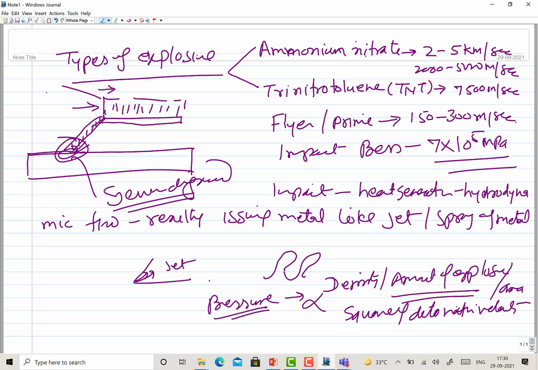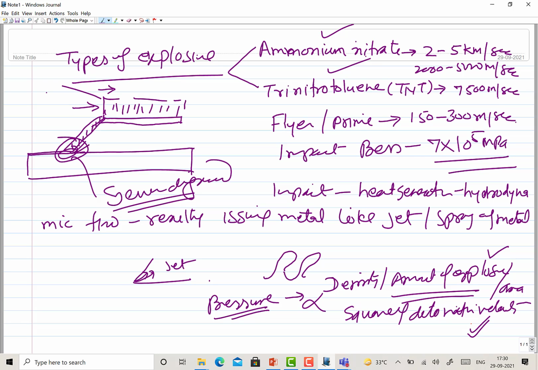Detonation velocity is a function of the type of explosive being used. So the amount of explosive and the type of explosive, these two things will govern the kind of interfacial pressure which will be generated.